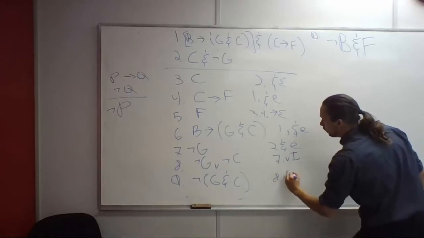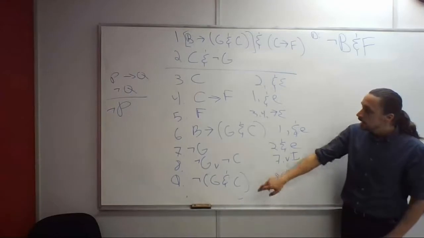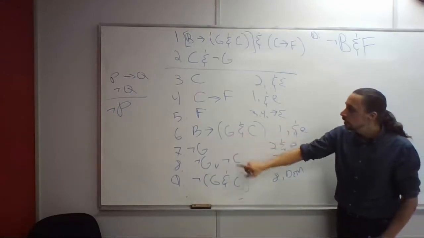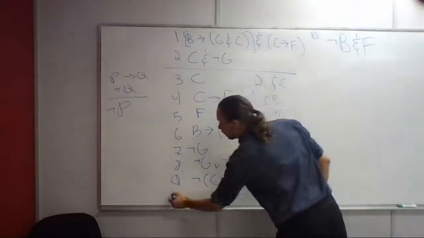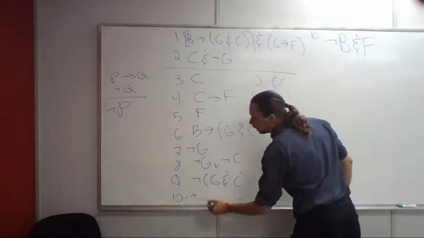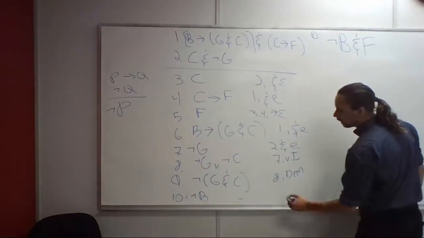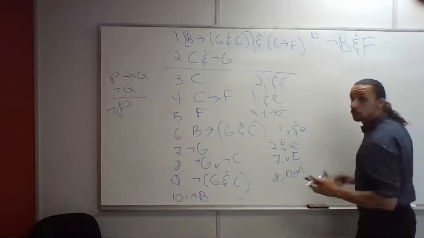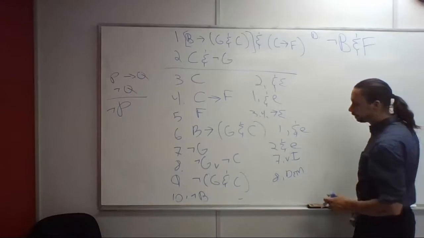This is 8, De Morgan's. I grabbed it from 8. I transformed it using De Morgan's law. Now I have if P then Q, right? This is my P, this is my Q, this is my not Q. So by rule, over by number 10 here, I get not B by application of modus tollens, which is one of the rules we just talked about very briefly as I kind of ran through these extra rules you can do.